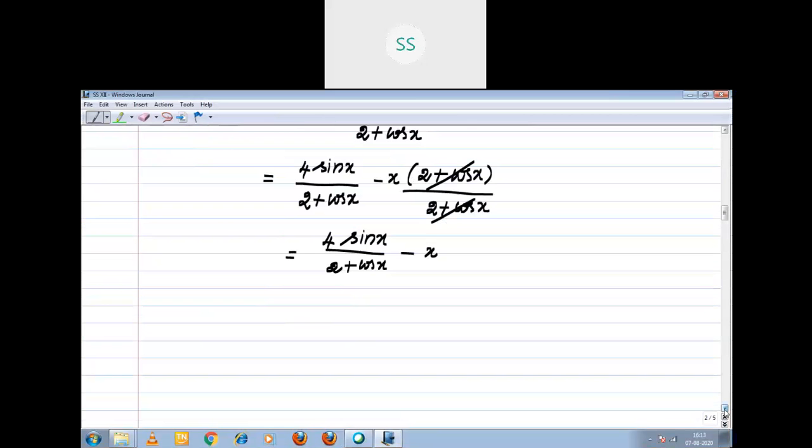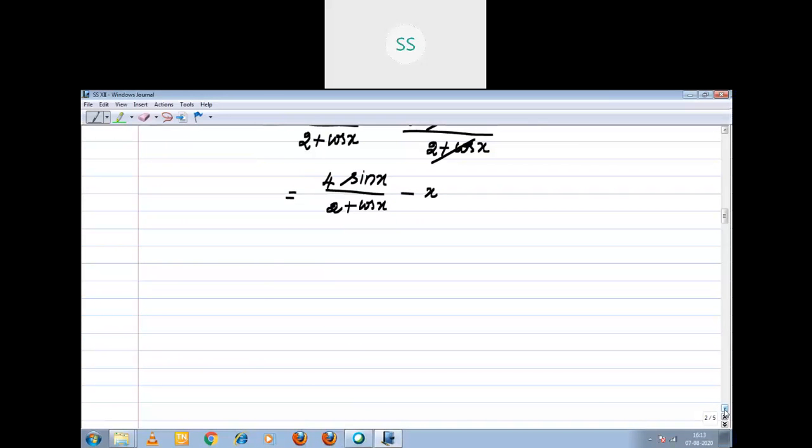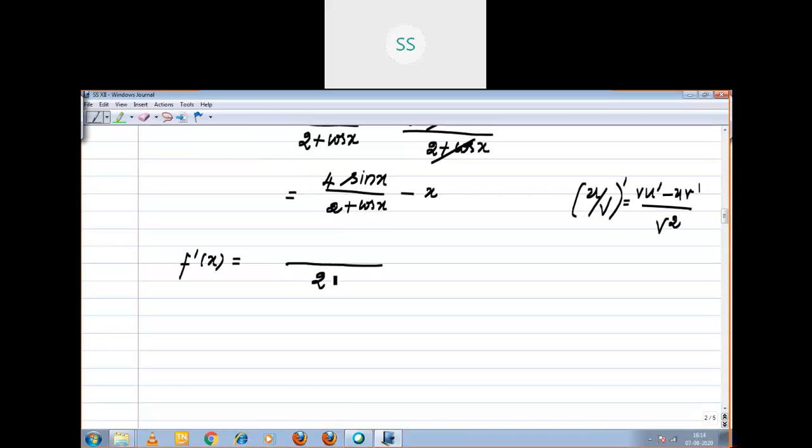In the first part, you should apply u by v, right? The derivative of u by v, you have to recall the formula: v u dash minus u v dash divided by v square, right? Now, f dash of x equal to, first part I am going to do the differentiation. 2 plus cos x the whole square, 2 plus cos x into 4 cos x, right? 4 is constant, it will come as such.